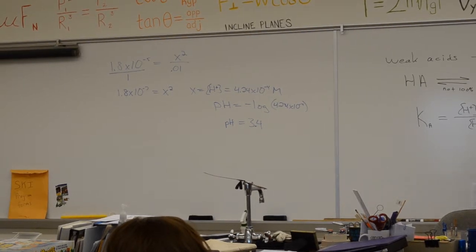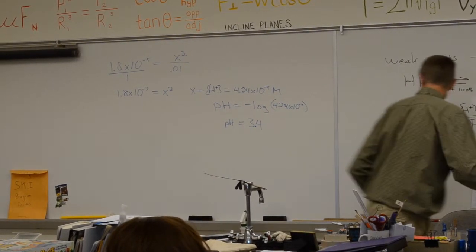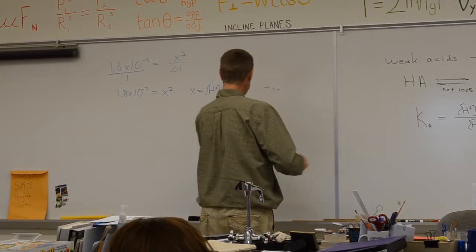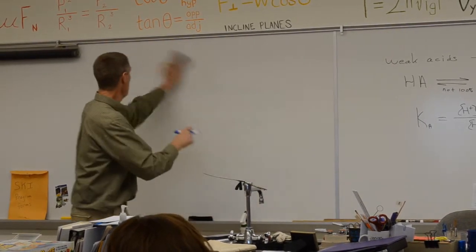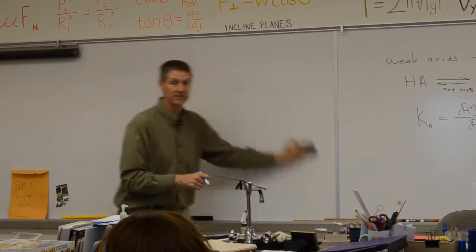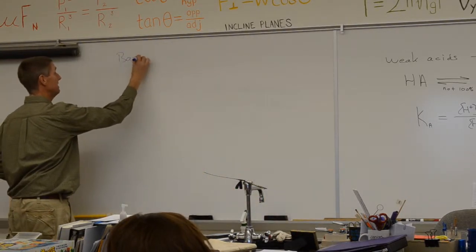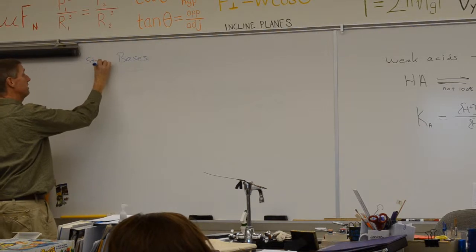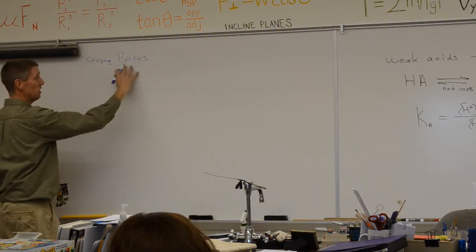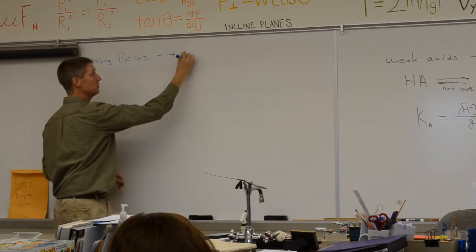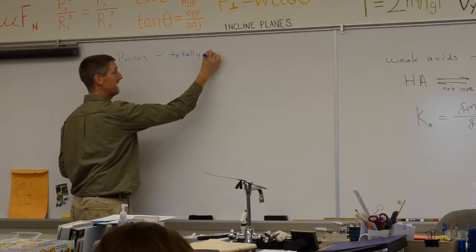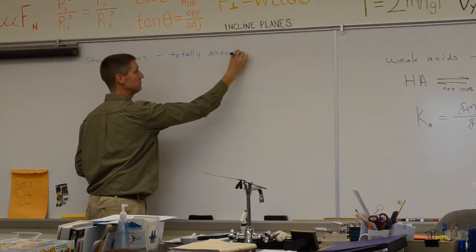Well, what about bases, though? We talked about the idea that bases have a pH range from 7 to 14. And bases are typically, if we look back to what we studied last year, strong bases. Strong, again, means that these guys are going to totally dissociate.